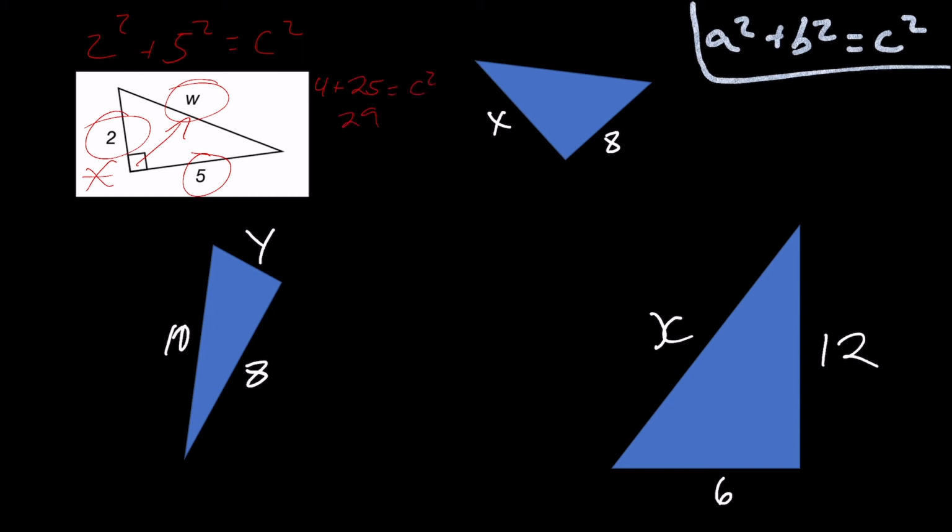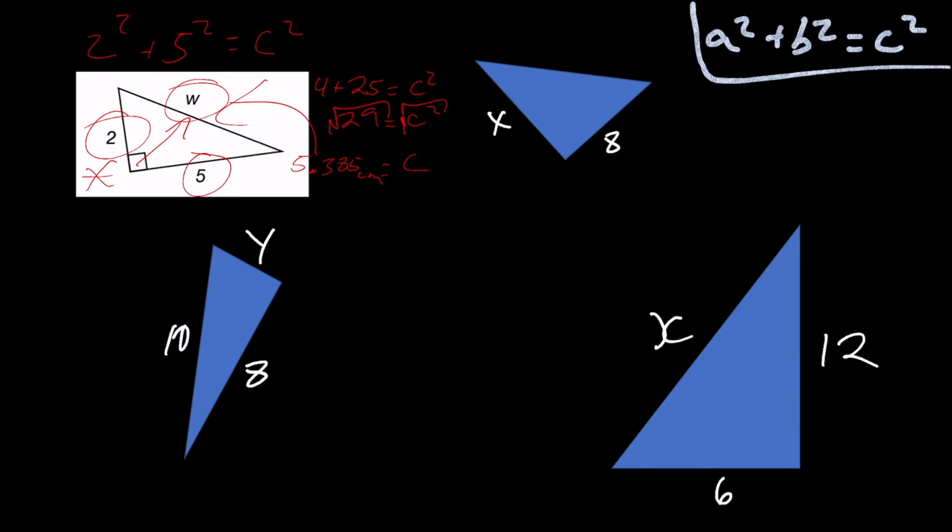This is 29 equals c squared, and then I have to square root both sides. So c is going to be equal to the square root of 29, which is 5.385 centimeters. And that would be the length of this side.